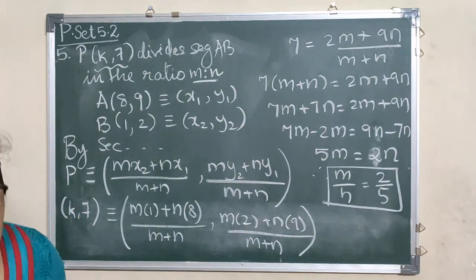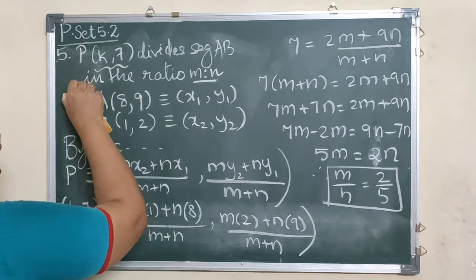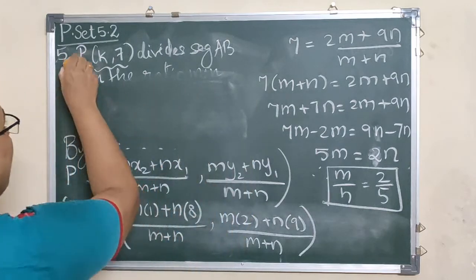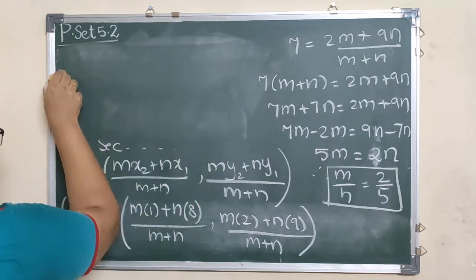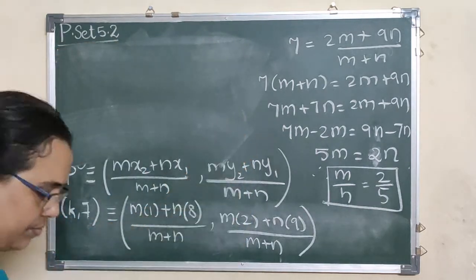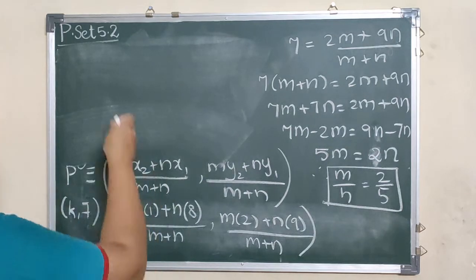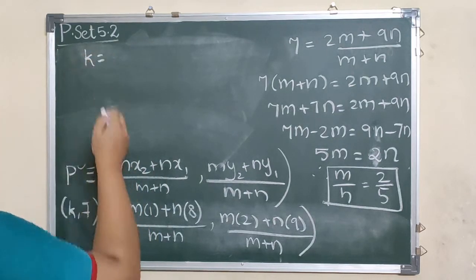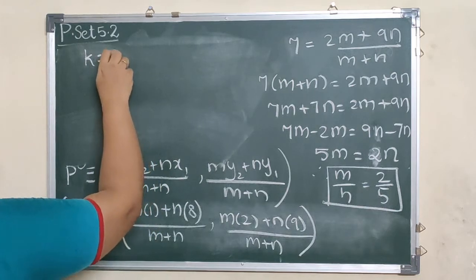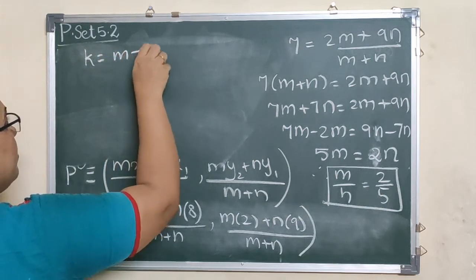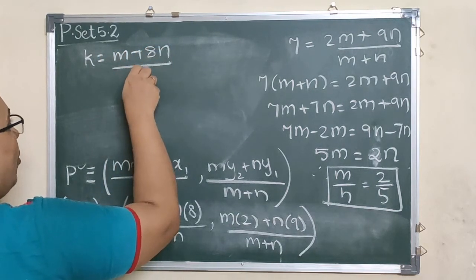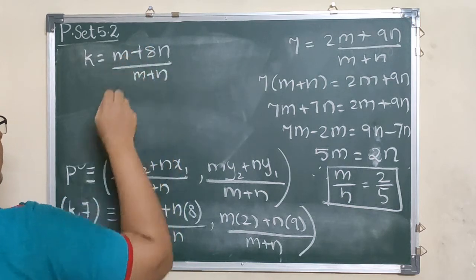Now can we find the value of k? Yes, surely. K equals (m plus 8n) upon (m plus n).